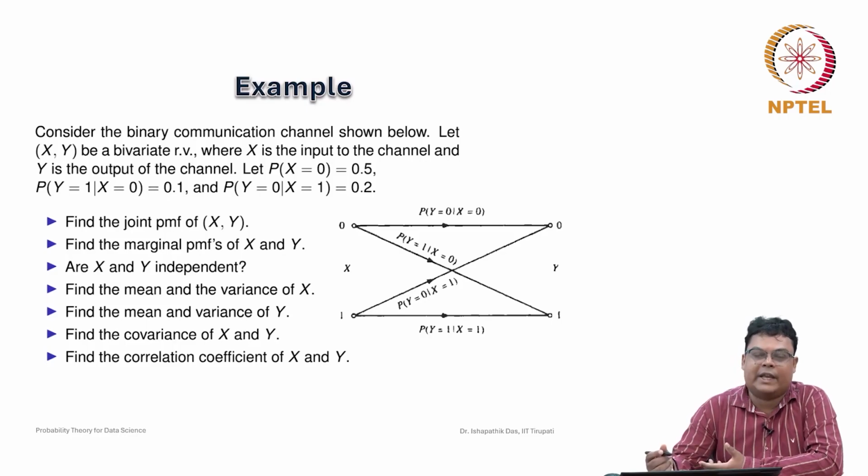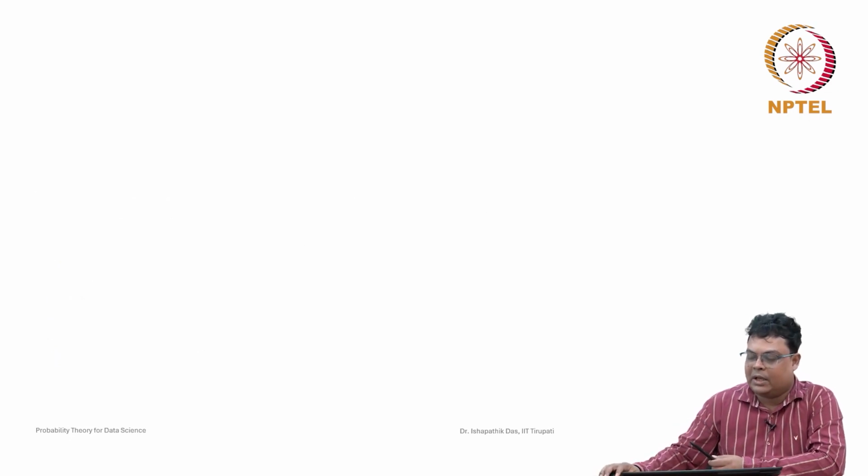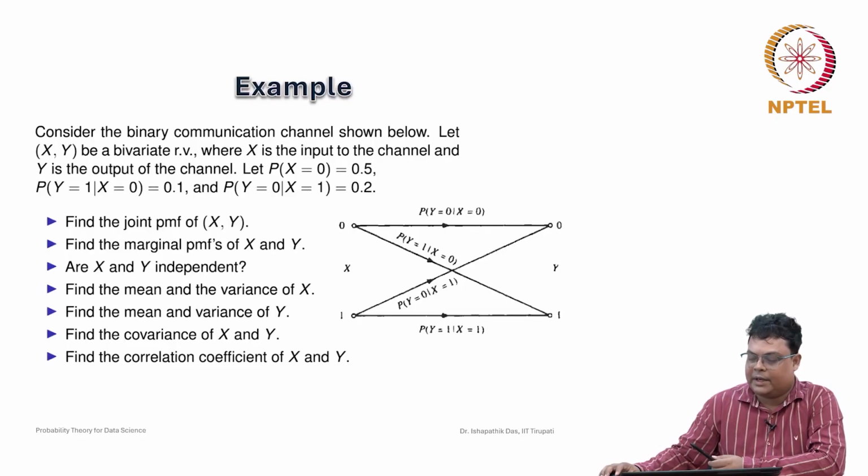It is like an AND gate or NOR gate, or some kind of device where if you input something, then there may be some output. Now, the probability that x is equal to 0 is 0.5. That means it is like tossing an unbiased coin: if it is head, then you switch on, and if it is tail, then you switch off. Let us represent this like this.